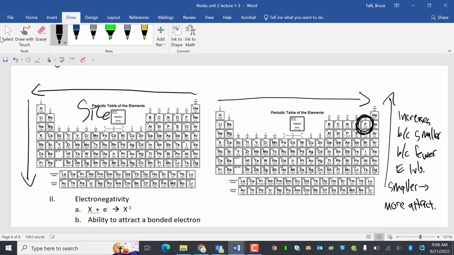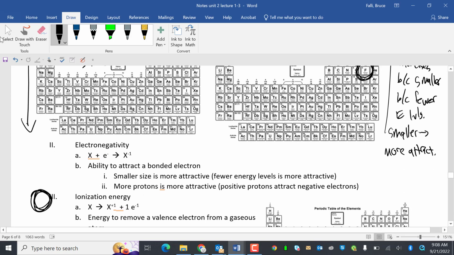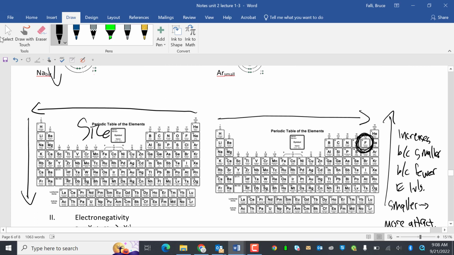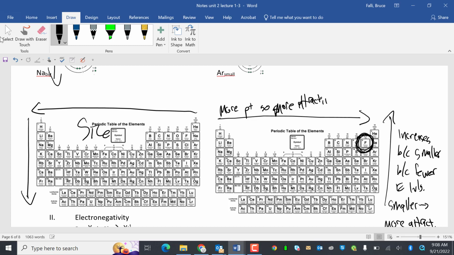So if you really like crunchy Cheetos, but the fluffy Cheetos are closer to you, you might eat fluffy Cheetos. Okay. As you go across this way, you have more protons, more attractive protons. So more attractive. So attracts electrons better.